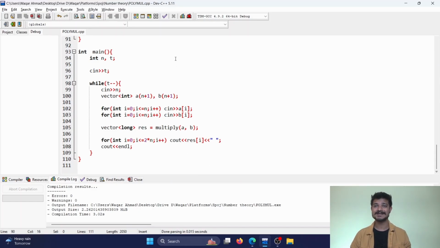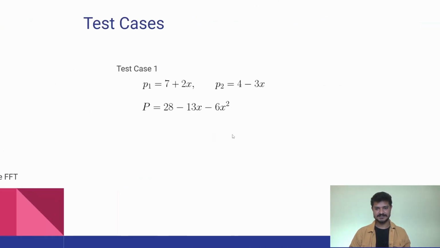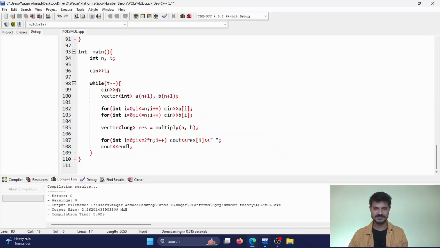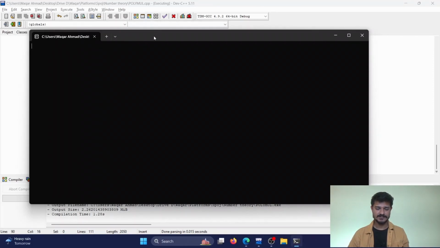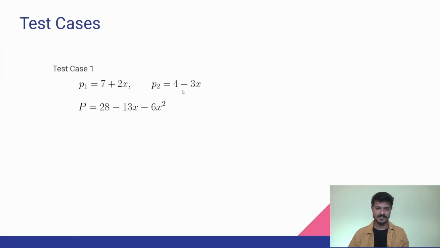Now let's go ahead and run it and see it in action. Let's have a look at the test cases. I have written down two different test cases. Let's go with the first test case. Let's compile and run.